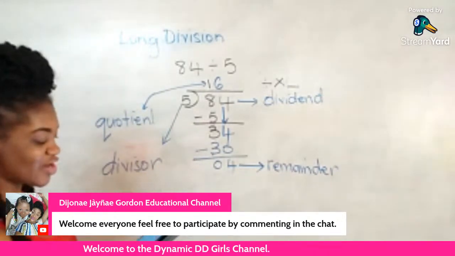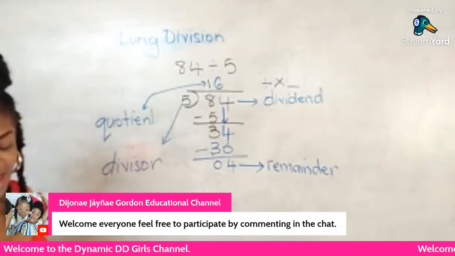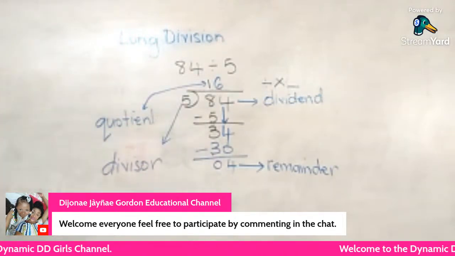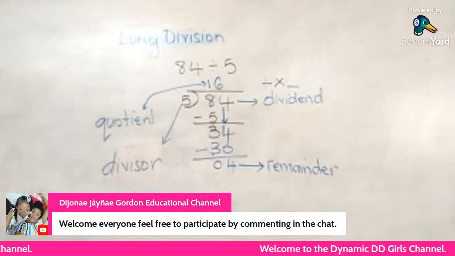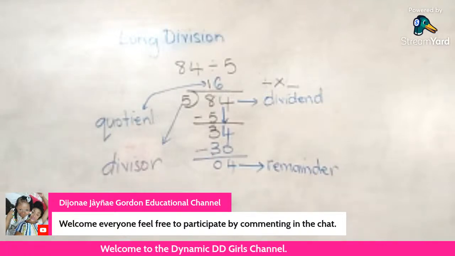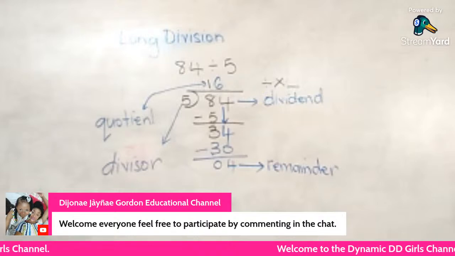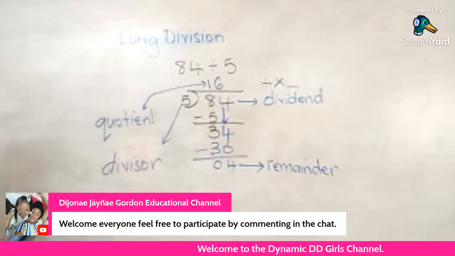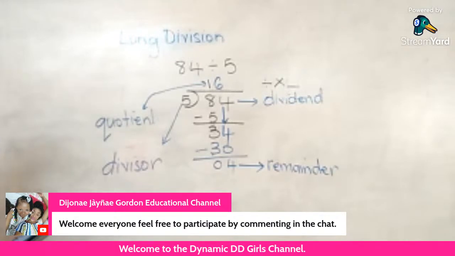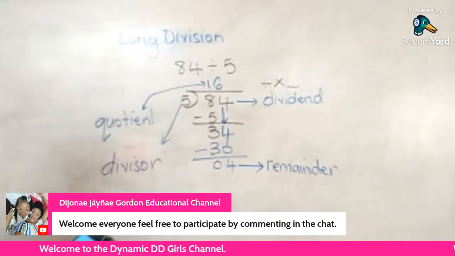And of course, thank you guys for coming on in. Of course, we're doing some long division today. All right, so take a look at what I just worked on the board. So that is a long division, all right? So I'm gonna erase it. And of course, Sidonie is saying hello to you, Tommy.